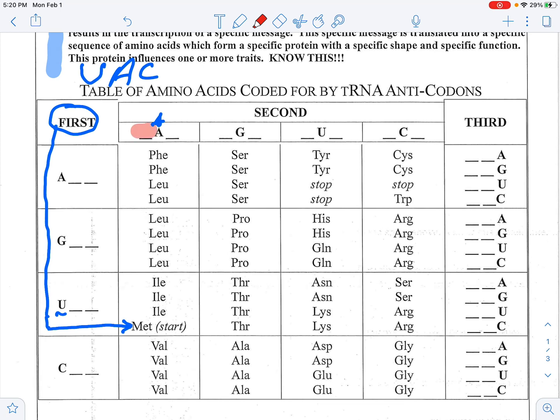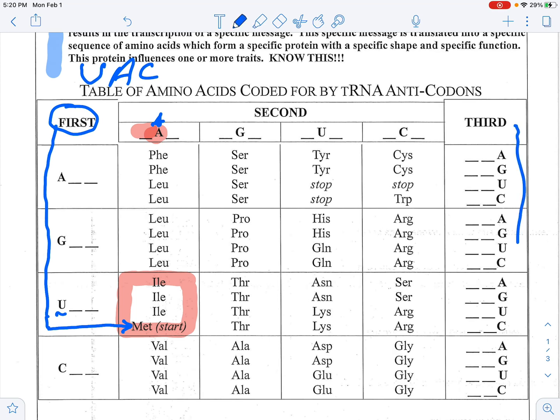So we have U, the blank, A, and what we know is we are going to be somewhere in this box right here, based off the first 2 letters, UA. Then that's where the third letter comes in.